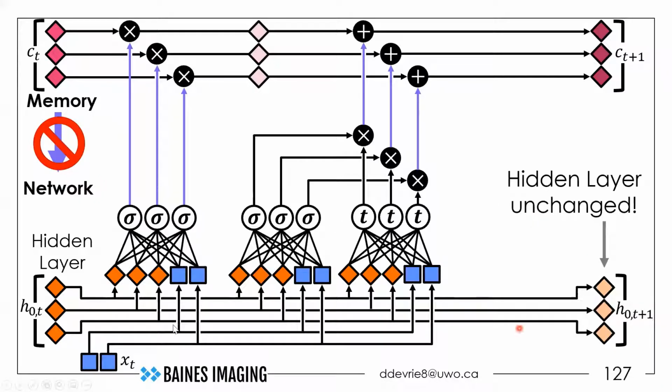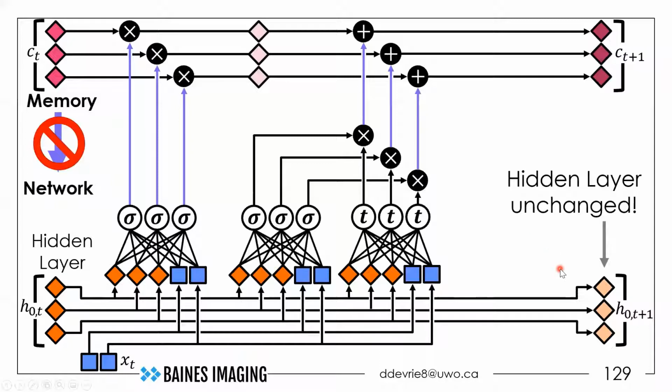And as we can see here, if we follow an arrow through from our hidden layer at the beginning of the time step, we can run that all the way through, and we can see that that value hasn't even changed yet. So if we would run this right now, those orange diamonds would stay the same shade. They wouldn't change values, which is not what we want. We want that hidden layer value to change over time.